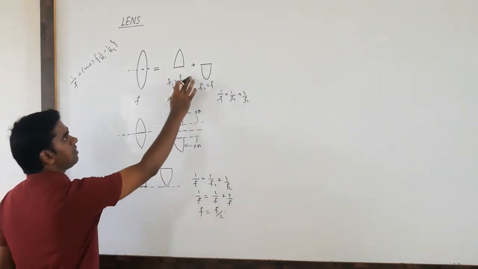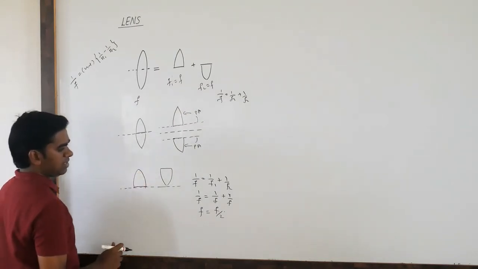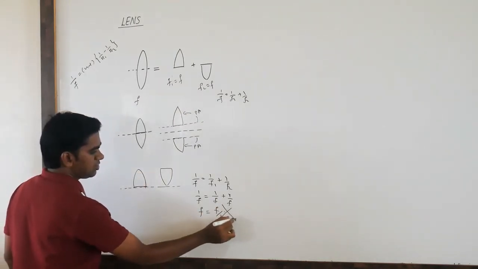But this is applicable only if the combination is like this. Here the combination is inverted, so if you take this as the answer, it is going to be wrong.